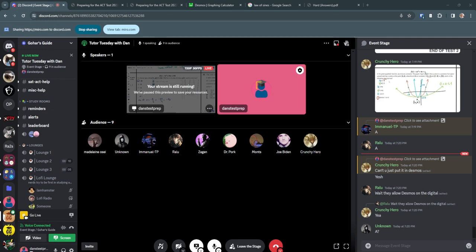So f of x plus 5 means that in order to get the same value, let's take, for example, f of 0. To get f of 0, we actually need to plug in x equals negative 5, because it's offsetting everything that we put in by plus 5. So that shift corresponds to a shift left by 5 units.